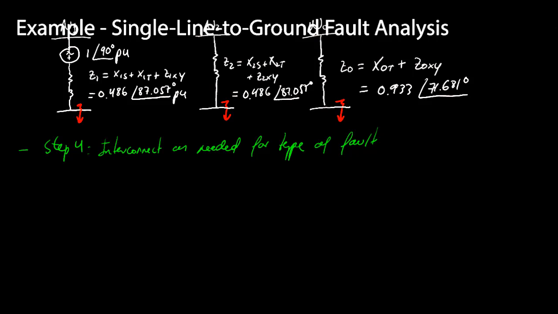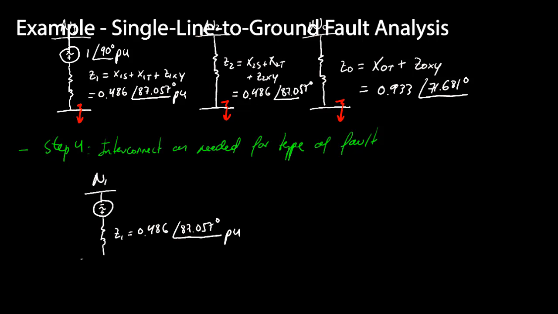And let me actually redraw this again. So I'm going to have again positive sequence over here, positive sequence voltage source, one simple impedance. That impedance has a value of 0.486 angle 87.057.